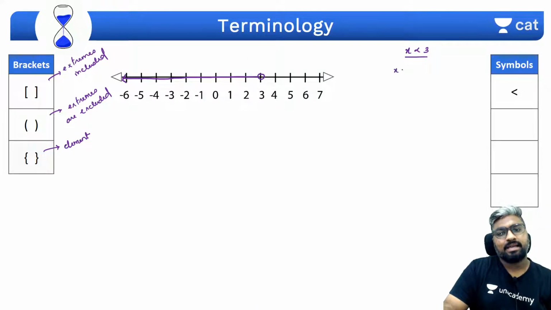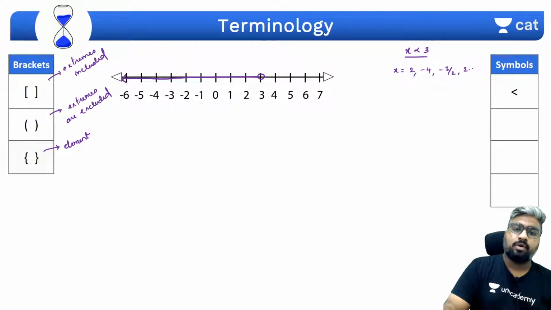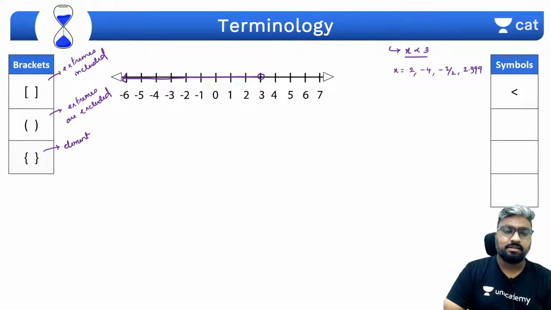So x can take up values like 2, minus 4, minus 3 by 2, even 2.999999. This can keep going on. The deal is, less than 3 means 3 as an integer will not be included, nor any value to the right of 3, but all the values to the left of 3 will be included.